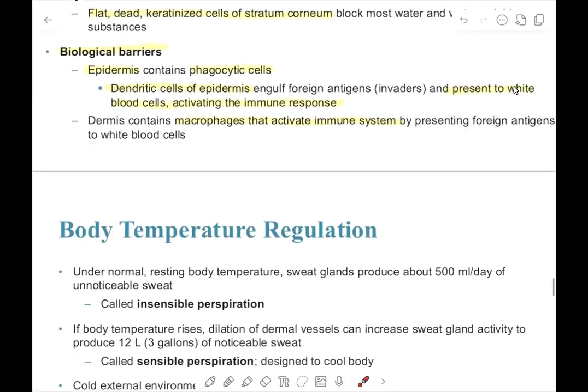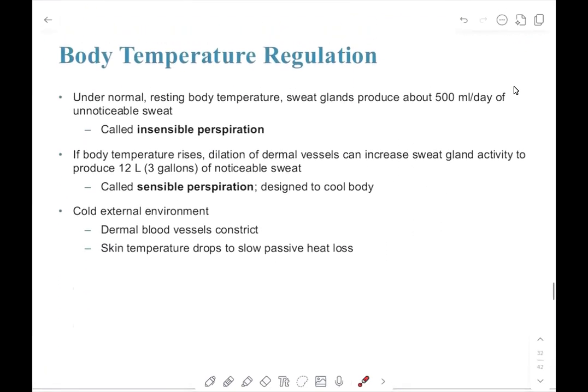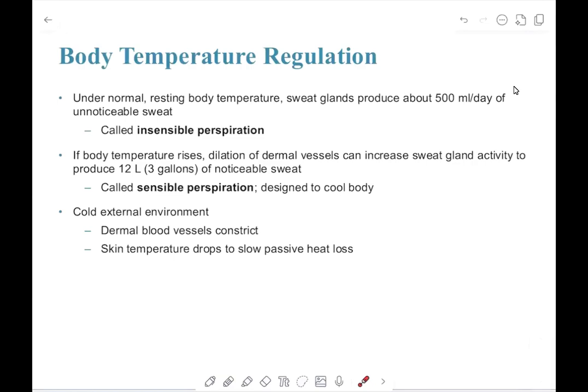The next function is thermoregulation, body temperature regulation, and under normal resting body temperatures, the sweat glands produce about half a liter a day of unnoticeable sweat. Unnoticeable sweat is called insensible perspiration.